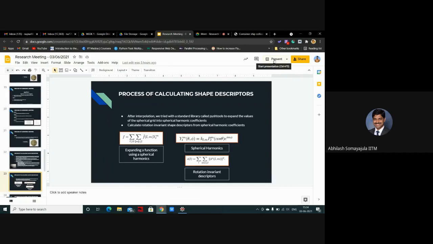And they need to be shape invariant or rotation invariant, in the sense that whether the ship is oriented from the right to the left or left to the right, it still represents the same ship. So no matter which direction it is rotated in, the orientation of the ship should not change the geometric characteristics of the ship. So that is why he's talking all about these rotation invariant descriptors.